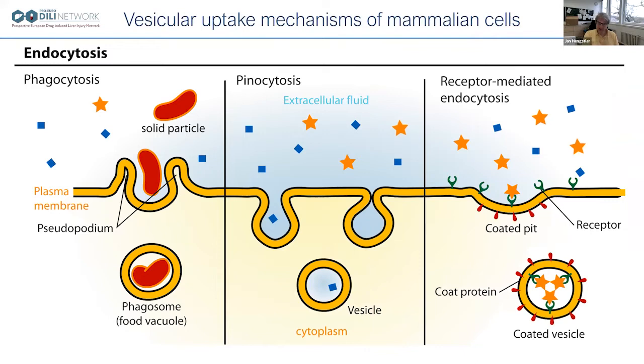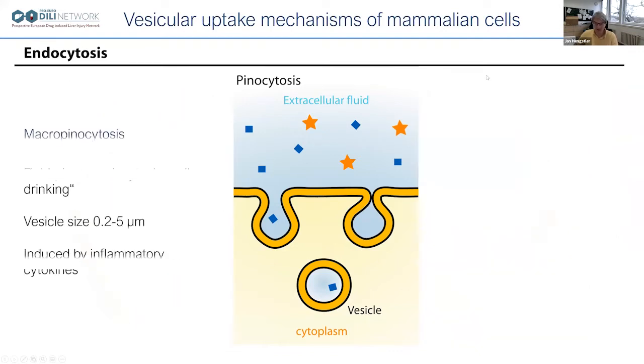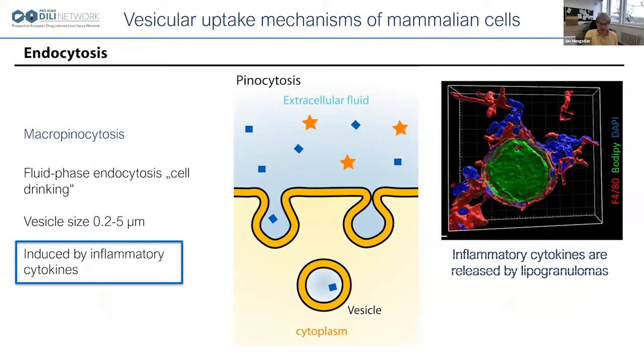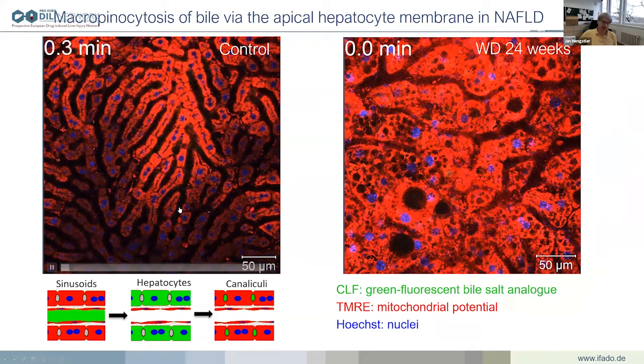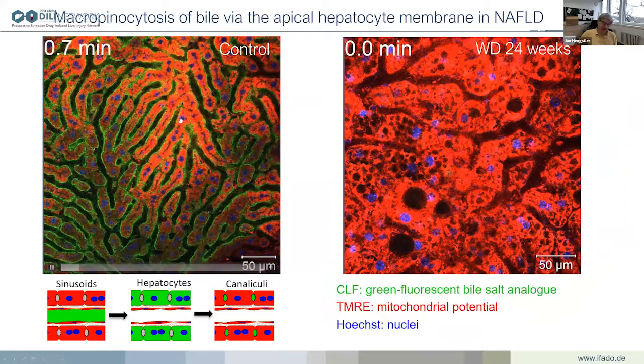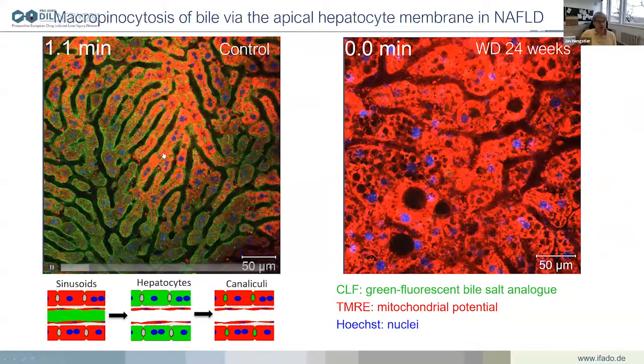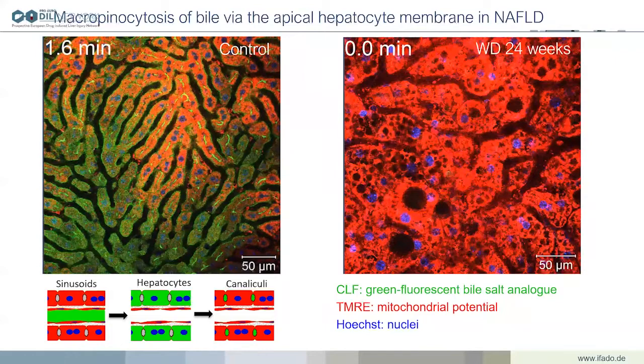There is vesicular uptake, and the molecular mechanism is not phagocytosis and not receptor-mediated endocytosis, but macropinocytosis, which we established by using macropinocytosis-specific inhibitors. But just to show what happens there, first again the control situation, the CLF, and it is secreted into the bile canaliculi as it should be.